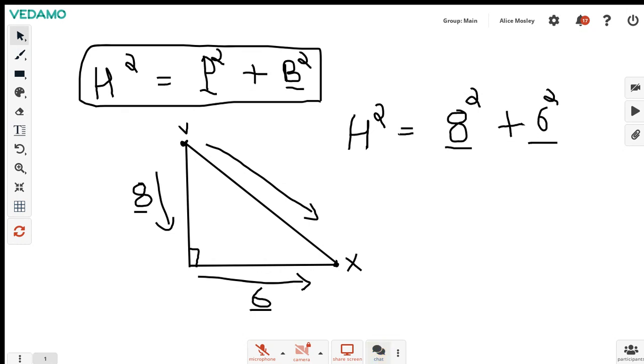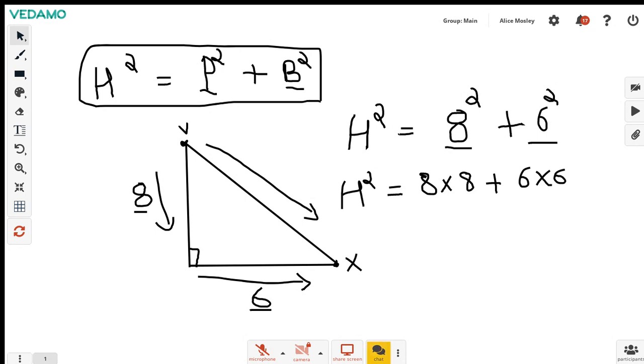We are given the p and the b. We placed the value of p and b. Now let's solve. So what is 8 raised to power 2? 8 raised to power 2 means 8 multiplied by 8. And 6 raised to power 2 is 6 multiplied by 6.